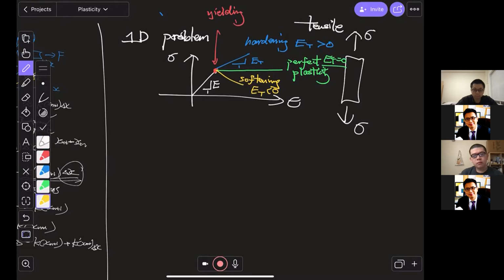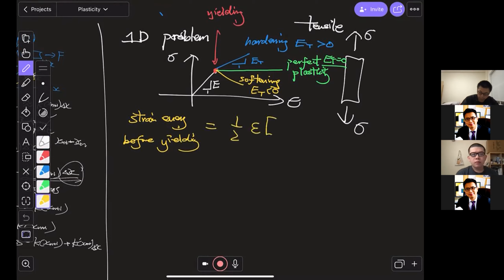If you have perfect plasticity, meaning that at the very beginning I can store energy, how much energy do I store? The energy that you store in that linear region would be the strain energy before yielding, equal to exactly 1/2 of epsilon E epsilon, right?